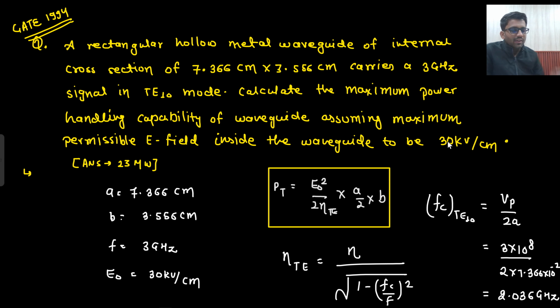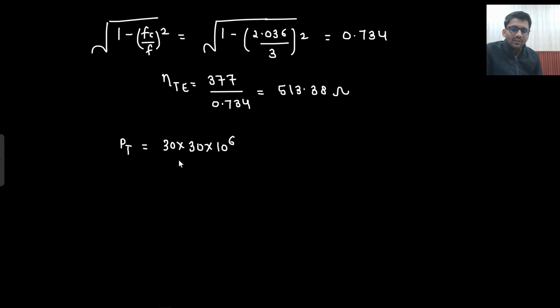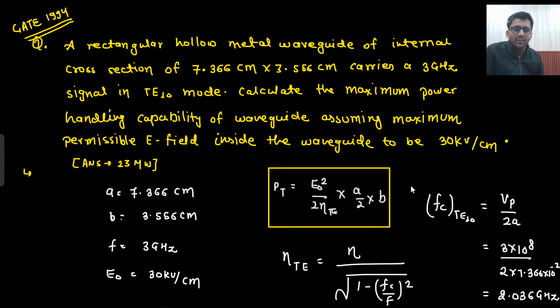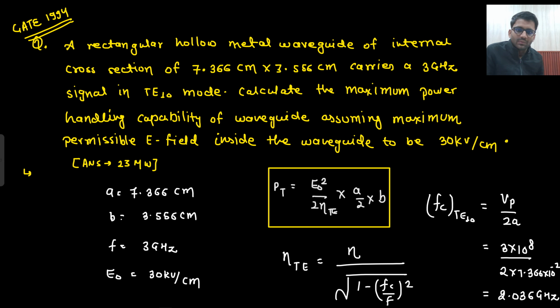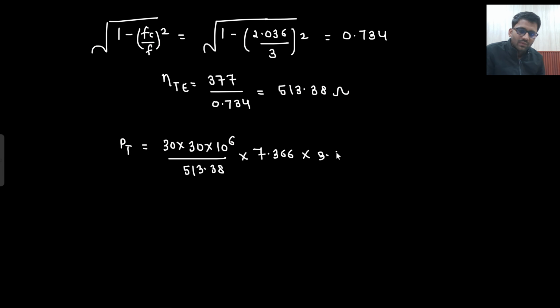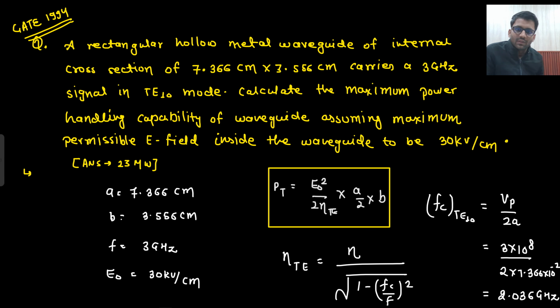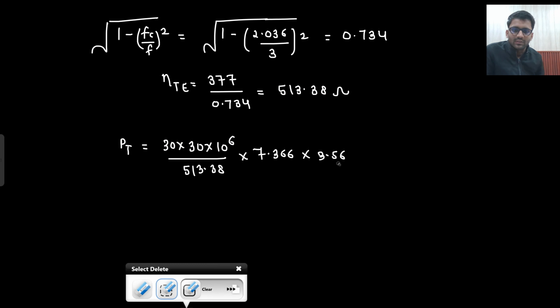Here kilo I converted into 10 to the power 3 into 10 to the power 3. So that is 10 to the power 6. And this is 513.38 into 7.366 into 3.556.